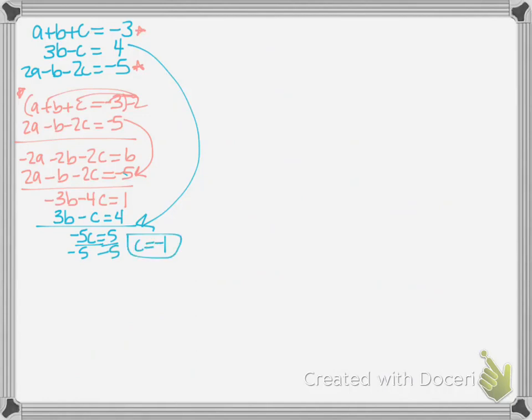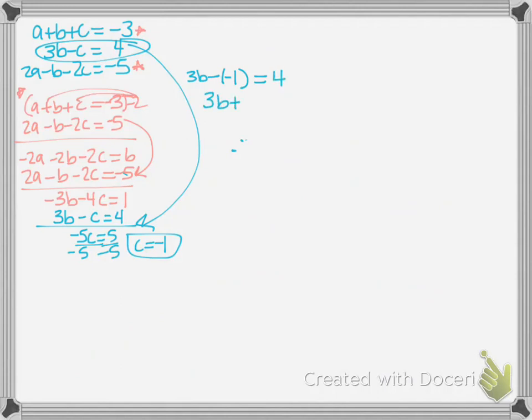I have to plug that into a two-variable equation. So here is my two-variable equation I'm going to plug it into. So c right now is negative 1. So I get 3b minus, plug in a negative 1, is equal to 4.